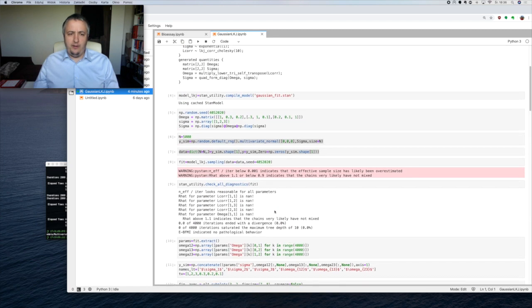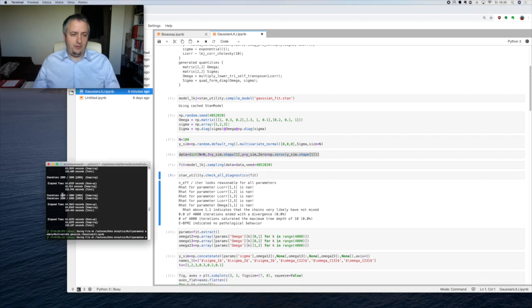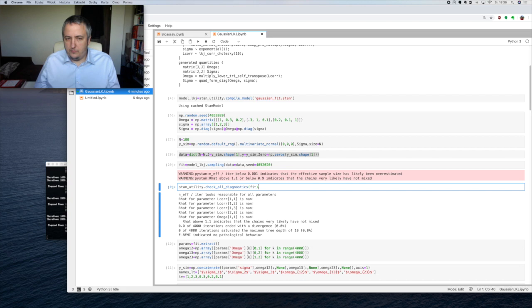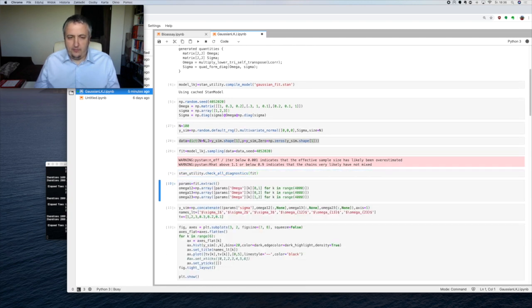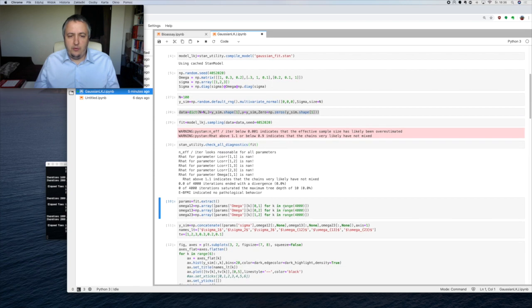If we provide it with a much lower number of samples, the sampling by itself will be very fast, but our results won't be as precise. So we get our results. The checks will tell us the same again about the elements of the correlation matrix.